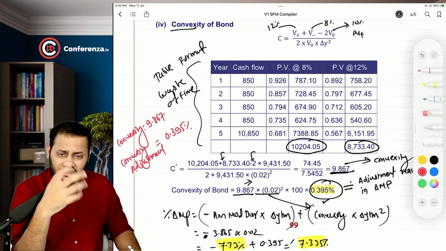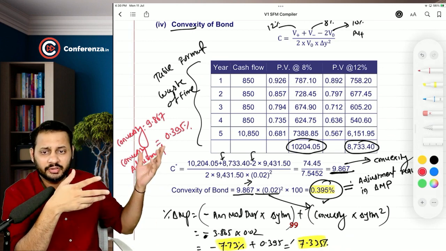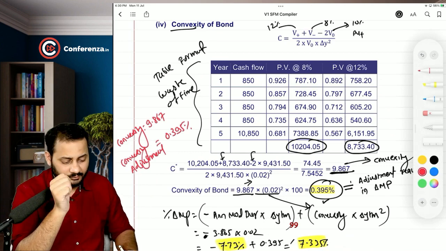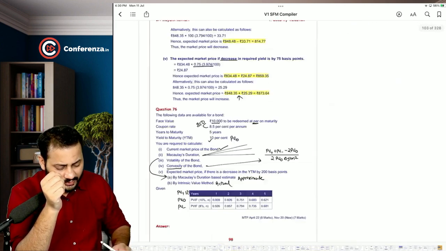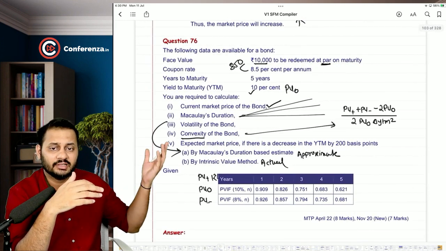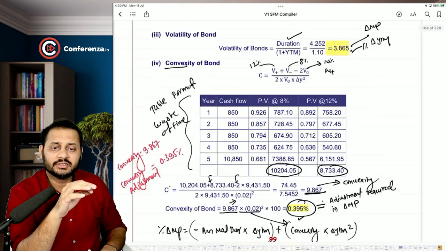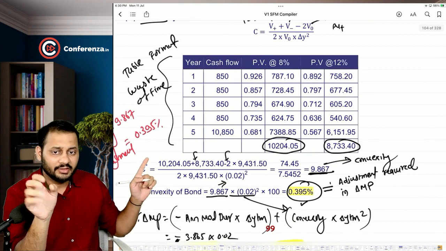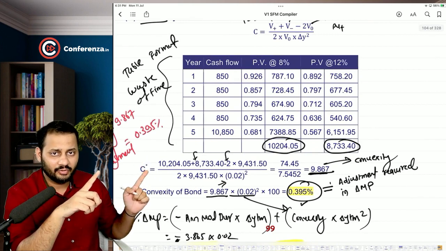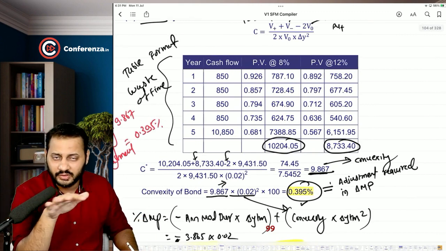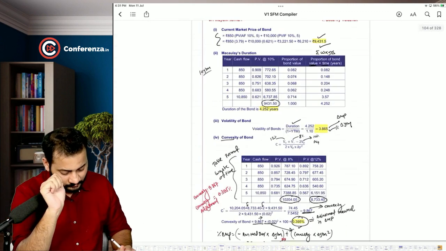In a sense, you can also say that, because ultimately we are going to reach that point itself, 0.395%. So I'm assuming the question was asking about the convexity adjustment itself. If the question comes in the exam, you need to do one thing: find out the convexity, 9.867, and also calculate the adjustment, so that no one can deduct your marks.